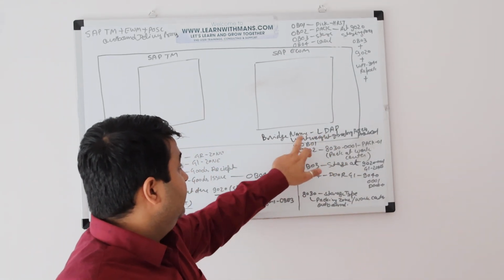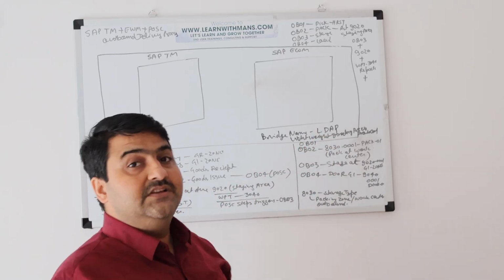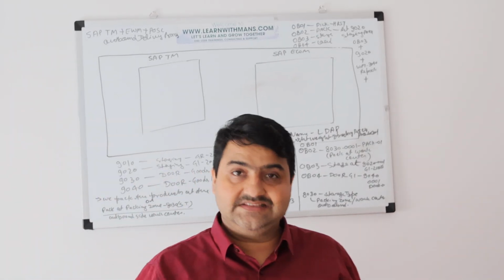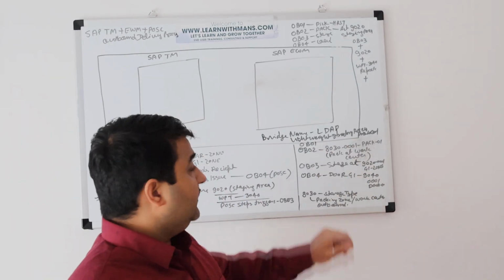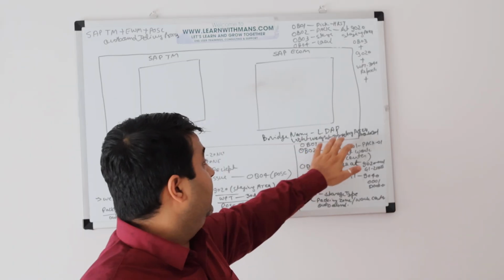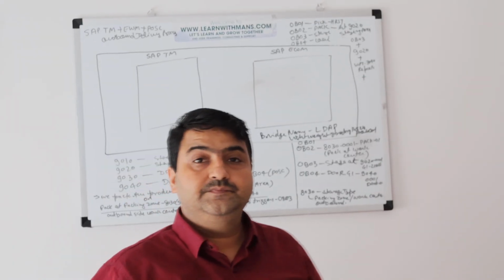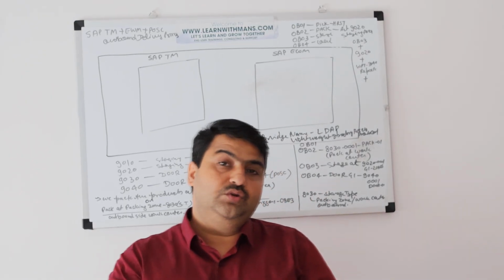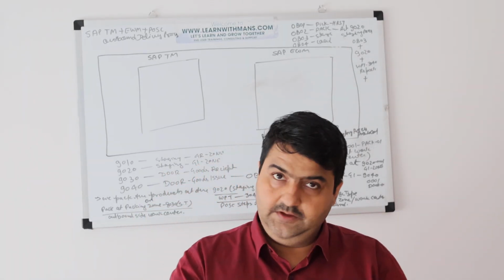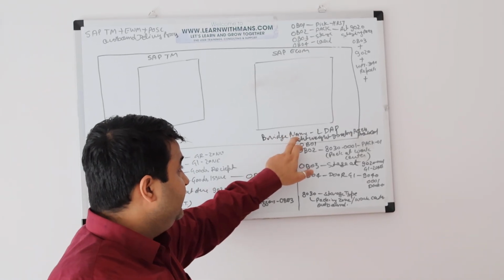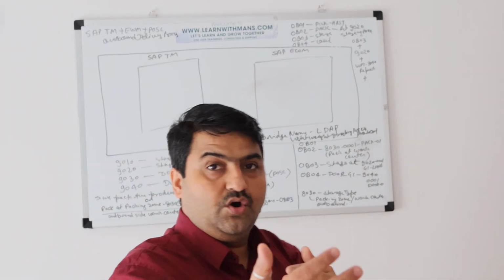Also we have a short name, LDAP. The name of this bridge in short form is LDAP, lightweight directory access protocol. This is a protocol to communicate between both systems or servers. So the first point, the bridge is remote function call.